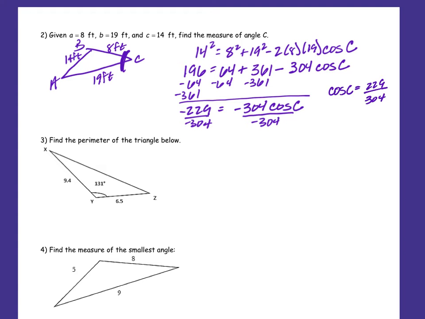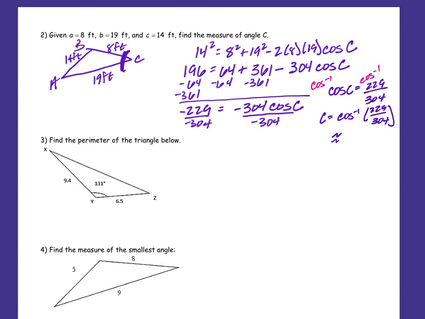I'm not even going to attempt to simplify that. I don't want cosine of C, I want C, so I'm going to do cosine inverse. So C is going to equal cosine inverse of 229 divided by 304.